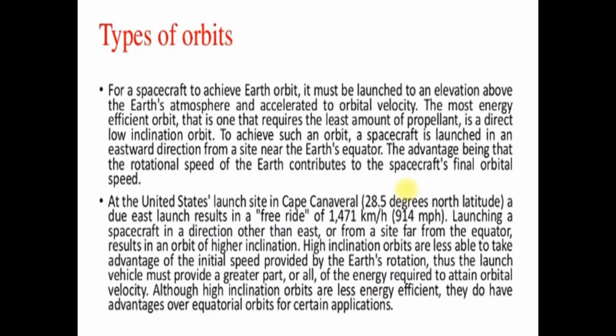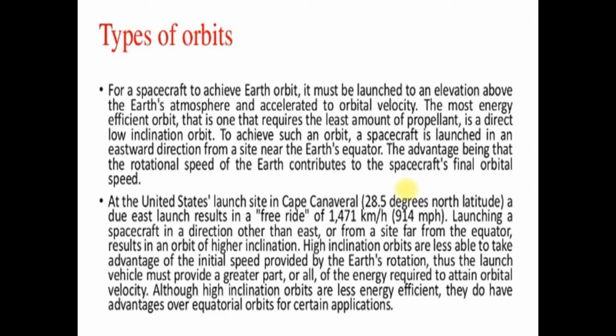And so here now we'll be heading towards the types of orbits. For a spacecraft to achieve Earth orbit, it must be launched to an elevation above the Earth's atmosphere and accelerated to orbital velocity. The most energy efficient orbit, that is, one that requires the least amount of propellant, is a direct low inclination orbit.